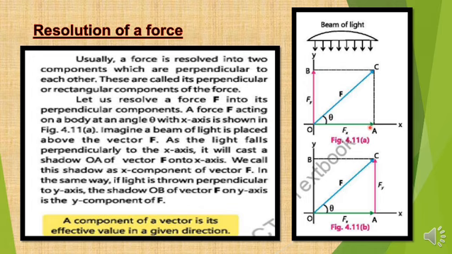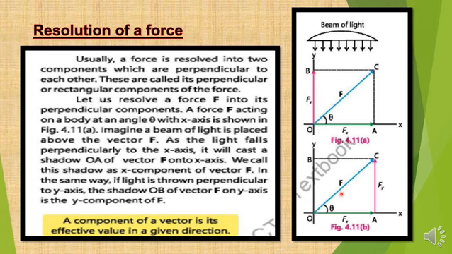We call this shadow the x component of vector F. In the same way, if light is thrown perpendicular to the y-axis, the shadow OB of vector F on the y-axis is the y component of vector F.